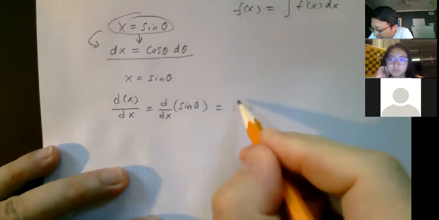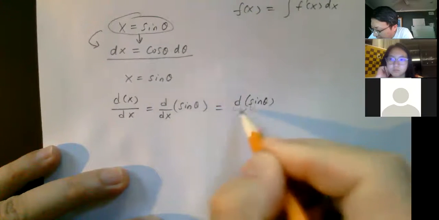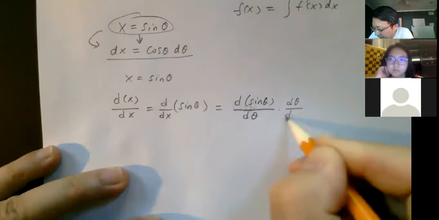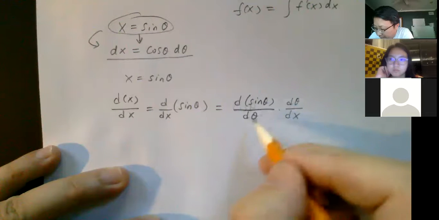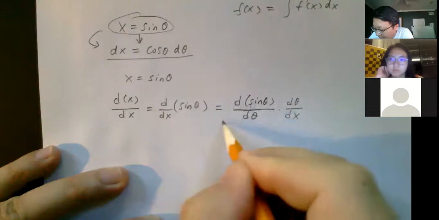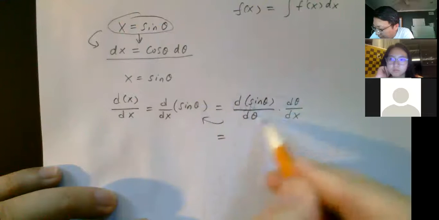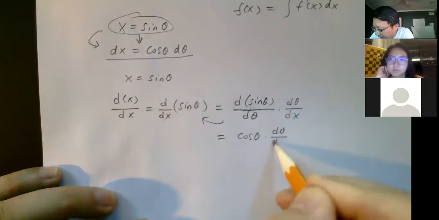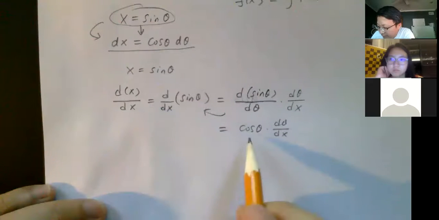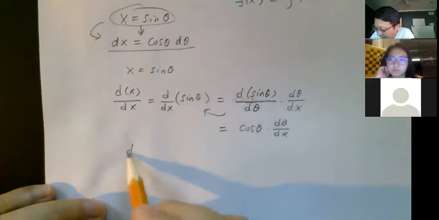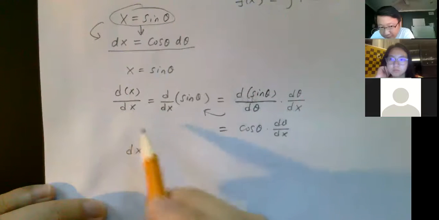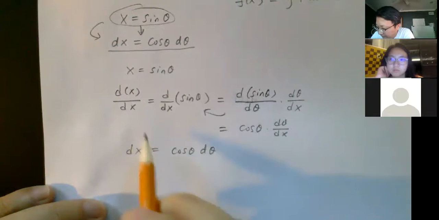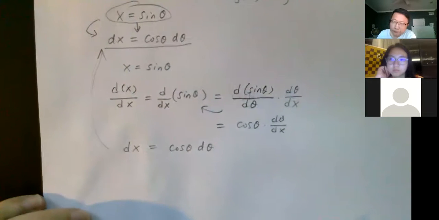You cannot do this way, but you could do is change to d theta, okay? Then you can have d theta dx. So this one, actually, you can say this like operation, you can cancel them out, right? They still go back to here, right? So in that case, sine theta d theta we know is cosine theta, right? Very easy. So this one is d theta dx, right? And from here, and then you go back means dx, you still both side time dx. This one means cosine theta d theta, which is here.